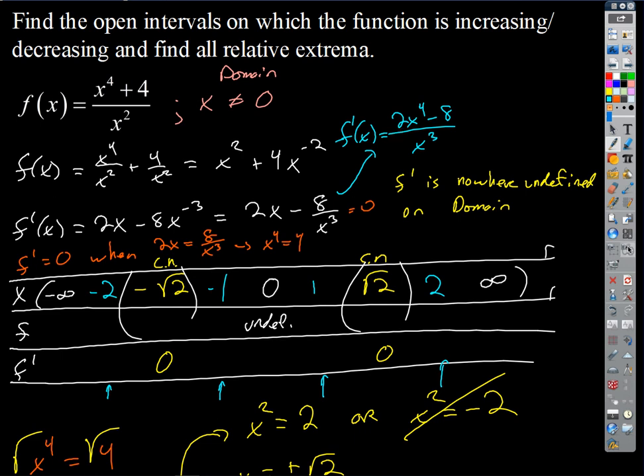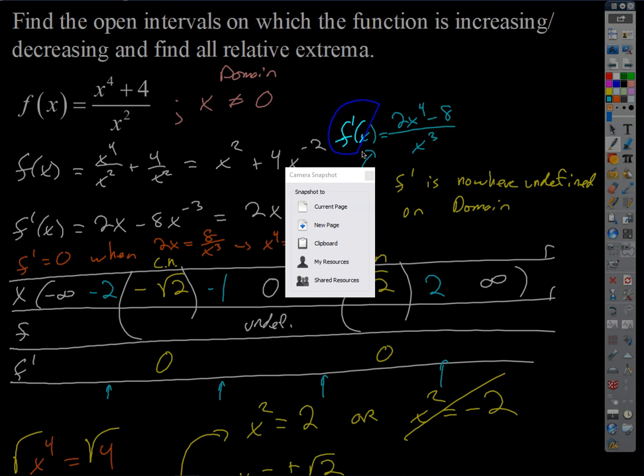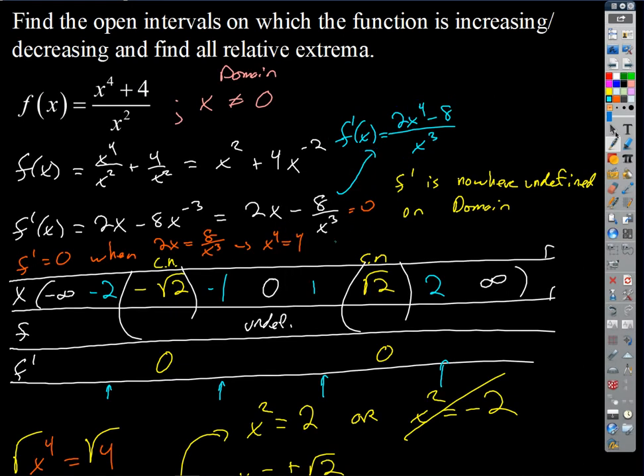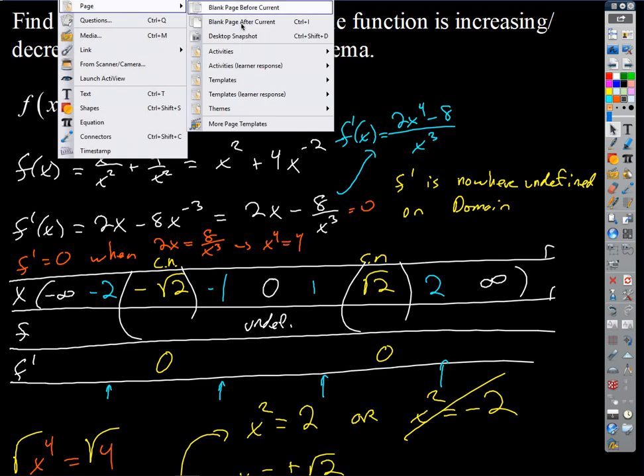We'll go to the next page because I'm running out of room. Okay, and then our critical numbers are just negative 2, negative 1, 1, 2, right?